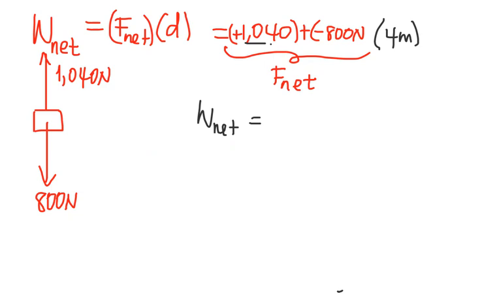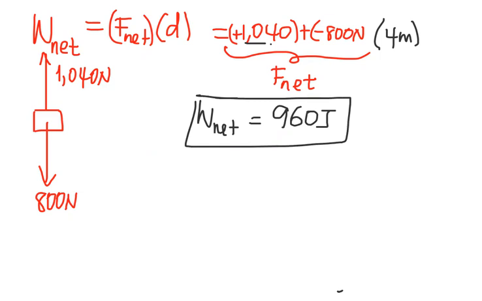So together it will be 960. You might want to do the operation and find the result here, then times 4 meters. You should be able to get 960 joules.